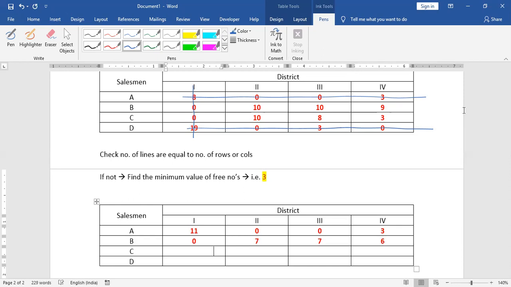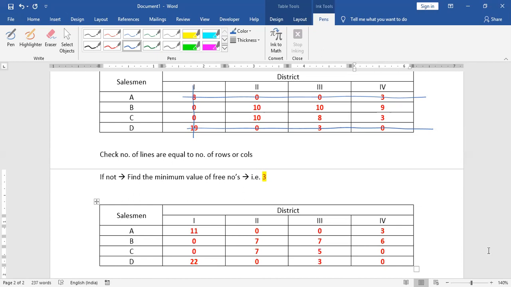In the third row, the first number has a line passing, so 0 as it is, then 10 minus 3 is 7, 8 minus 3 is 5, and 3 minus 3 is 0. In the fourth row, lines are intersecting, so 19 plus 3 is 22. Then 0, 3, 0. Right.